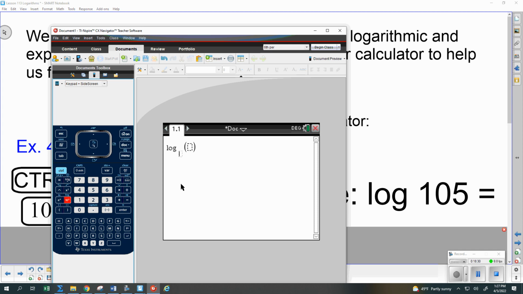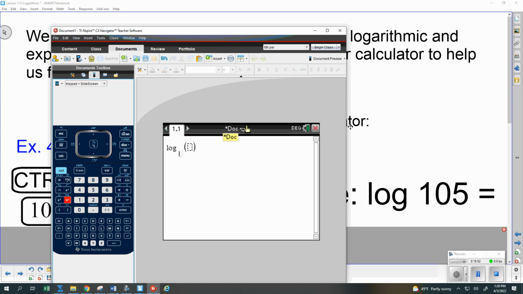Now notice it gives me two boxes, one for a base, one for an argument. On an Inspire, you can enter any base, except on a test, because I put it in press to test, which blocks you out of being able to do log base 3, log base 7, and so on. On a test, you can do log base 10 and log base e.